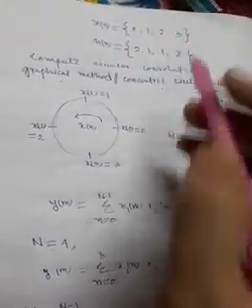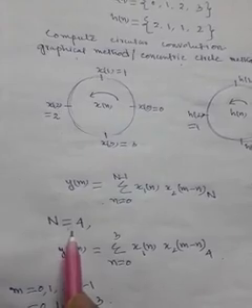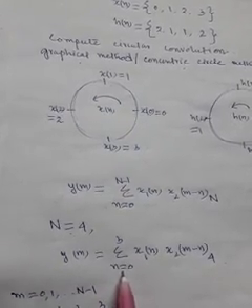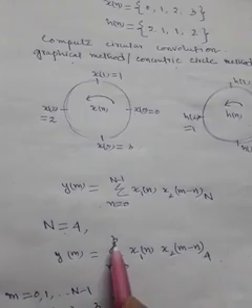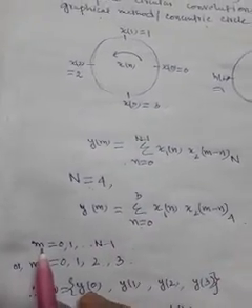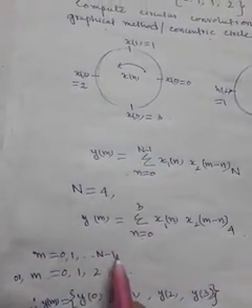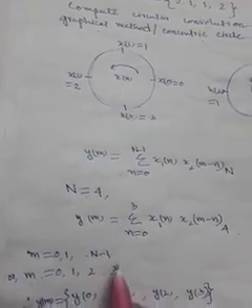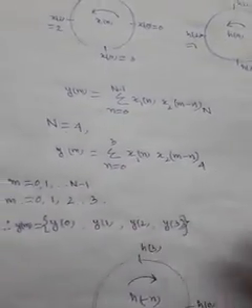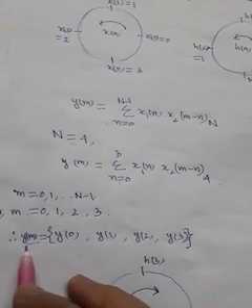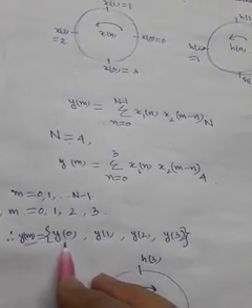So N equal to 4, and m ranges from 0 to N minus 1, that is m equal to 0, 1, 2 up to 3. So the result of our circular convolution, y(m), will be equal to y0, y1, y2 and y3.